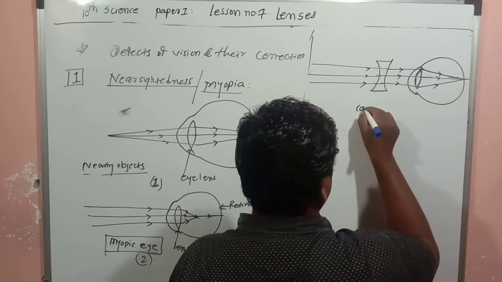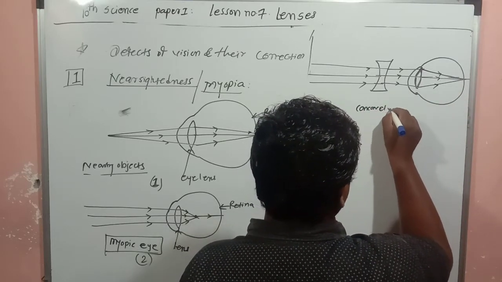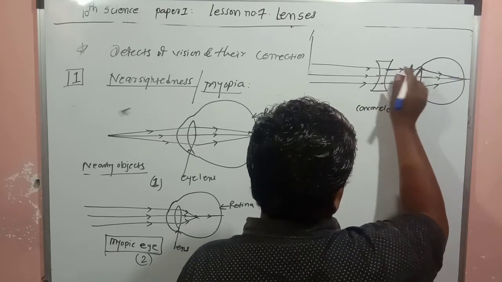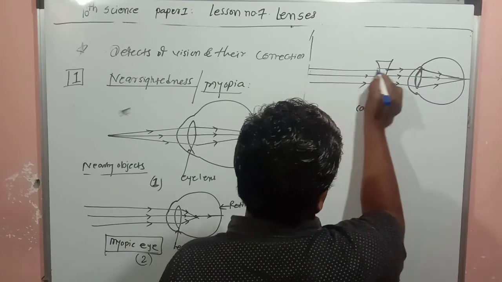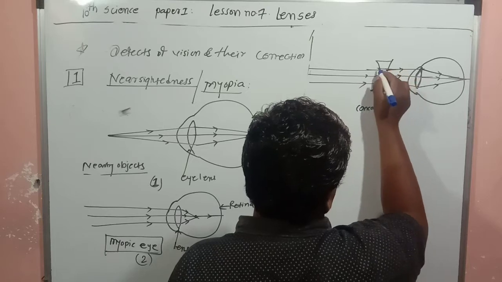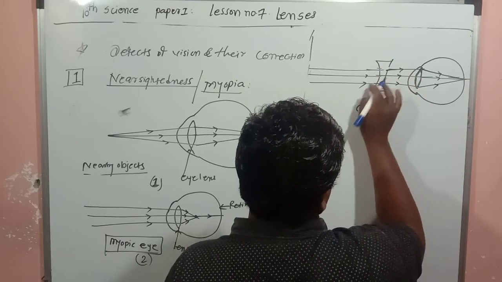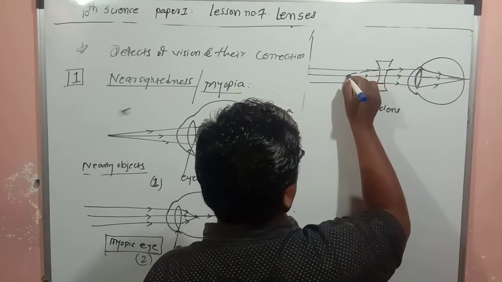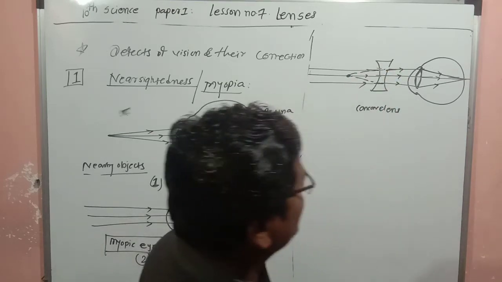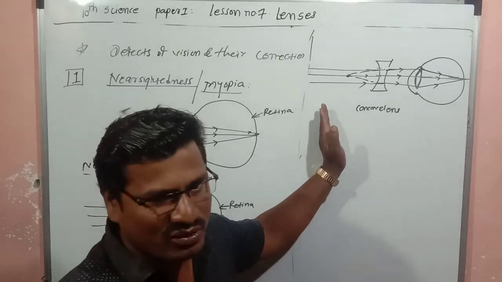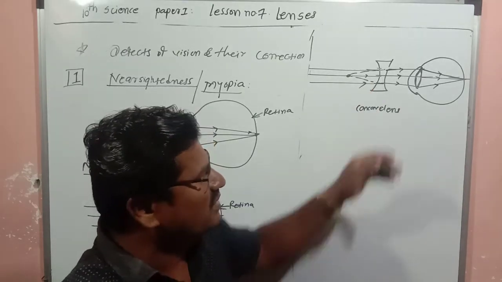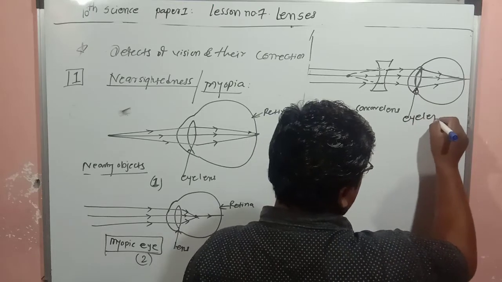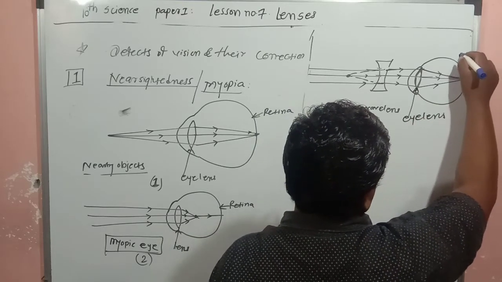So this one is the concave lens. Light rays you can show diverged, like this way. So its focus will be here. So if you use concave lens, then this one is the eye lens and here is the retina.